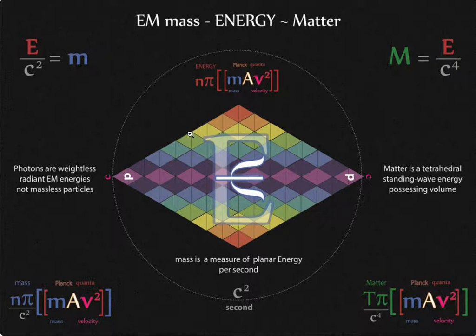So again, another way to express photons is to say that EM waveforms, bosons and photons, are affected by electromagnetic fields because they are electromagnetic mass energies, and they're unaffected by gravitational fields. There is no effect of gravity on a photon.